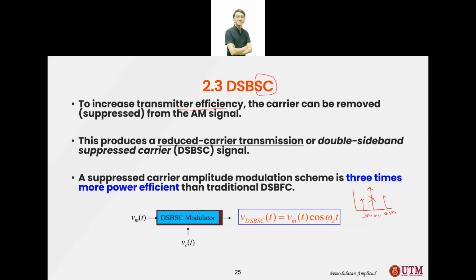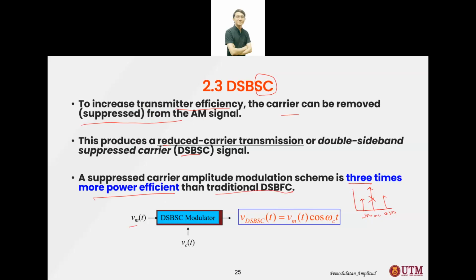To increase the transmitter efficiency, the carrier can be removed from the AM signal because it doesn't have any information. It's just a wastage of power. This produces DSB-SC. Suppressed carrier DSB-SC is 3 times more power efficient than traditional DSB-FC because we only transmit sidebands, no carrier component at all.